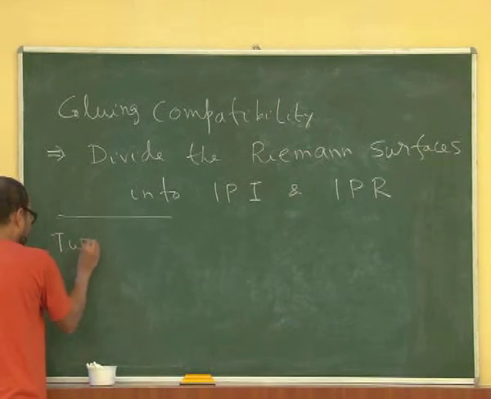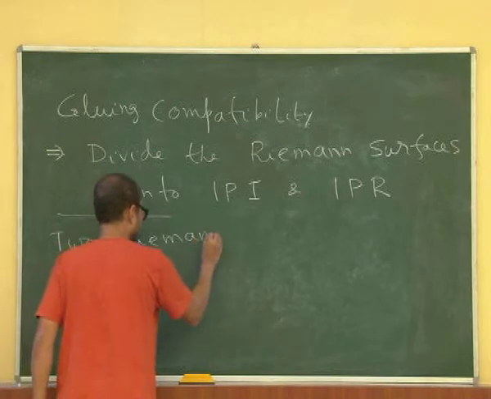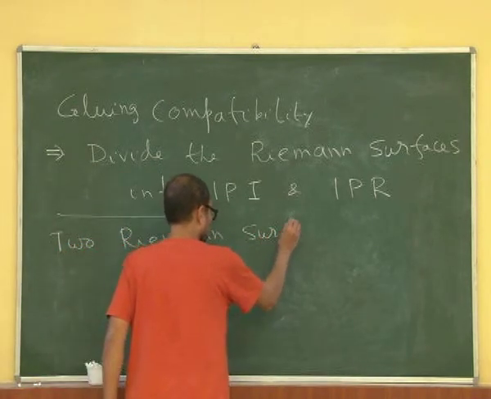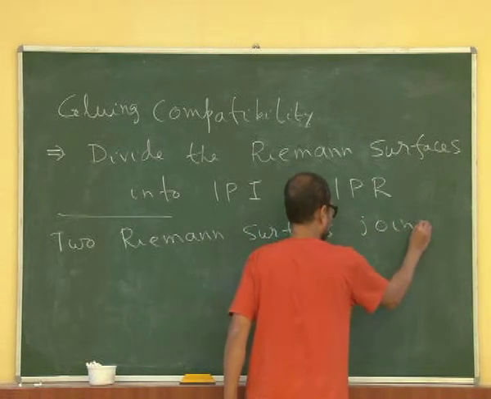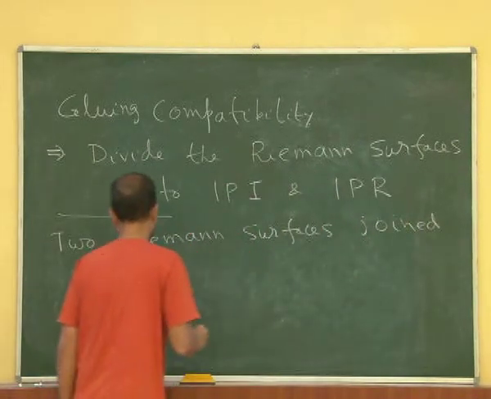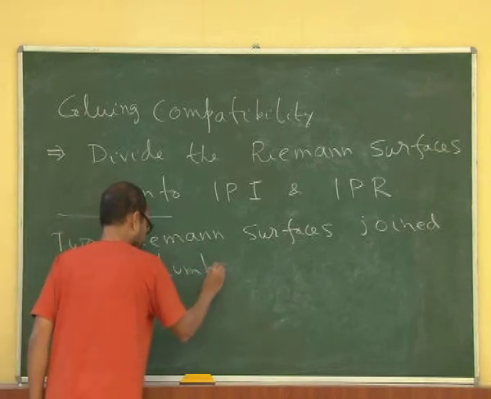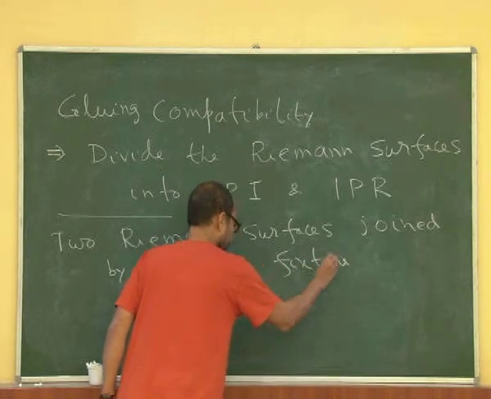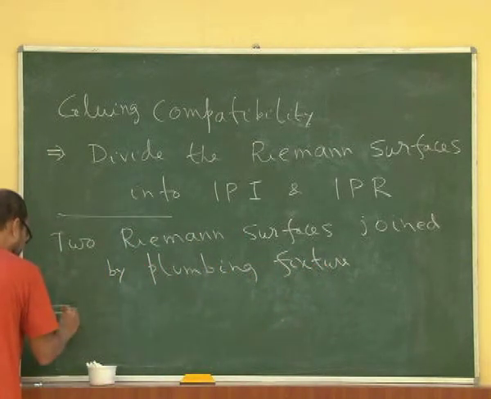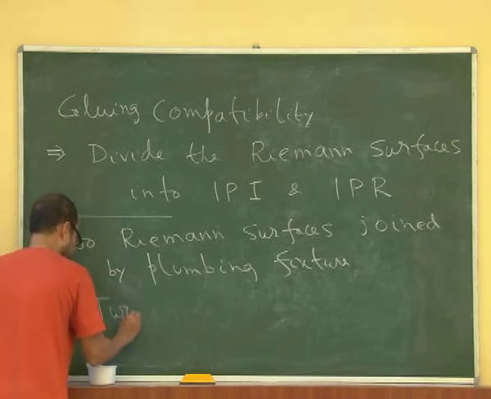And the way we make this connection is the following. The two Riemann surfaces joined by plumbing fixture essentially will be treated as if we have two amplitudes joined by propagator.